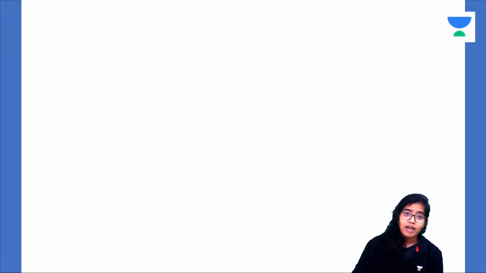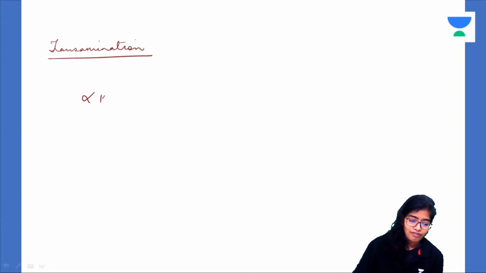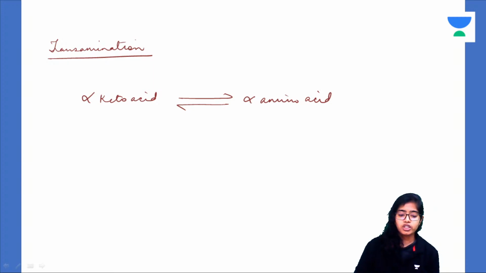Now again go back to amino acids. What did we read there about the transamination reaction? How conversion of alpha keto acid to alpha amino acid occurs. Transamination is a reversible reaction: alpha keto acid to alpha amino acid and vice versa.